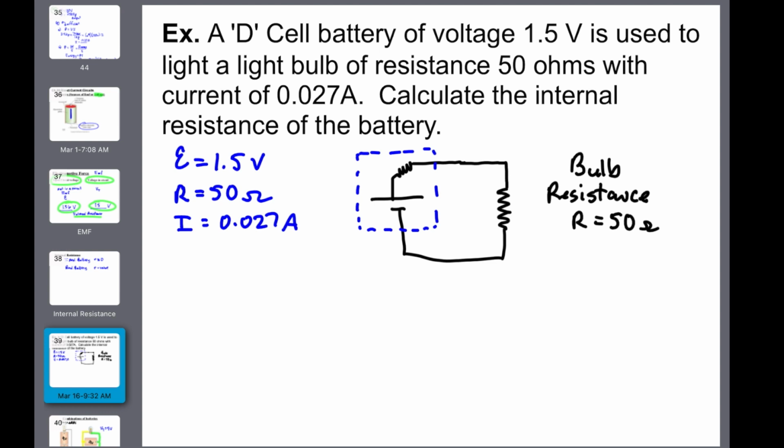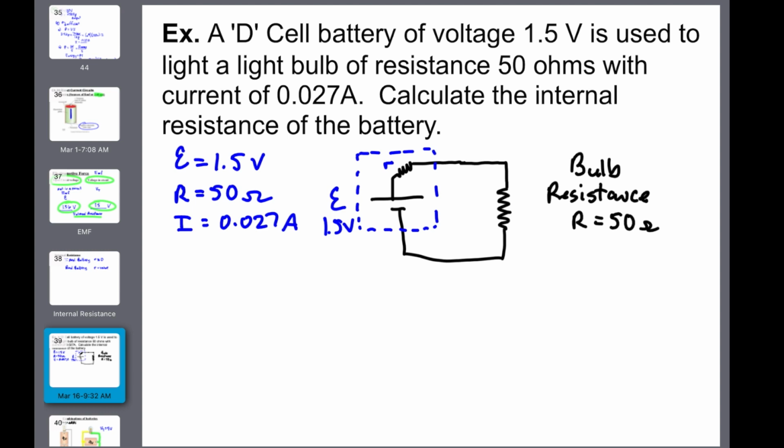So our EMF is 1.5 volts. Part of that voltage would drop across the internal resistor, lowercase r. The rest of it would drop across the bulb. We've got a current of 0.027 amps.